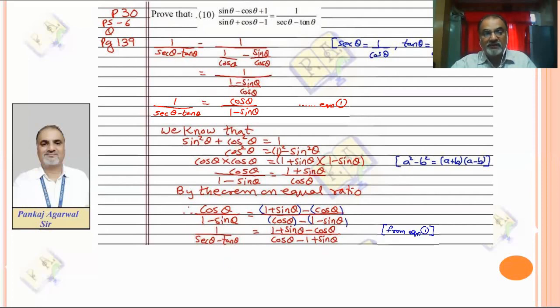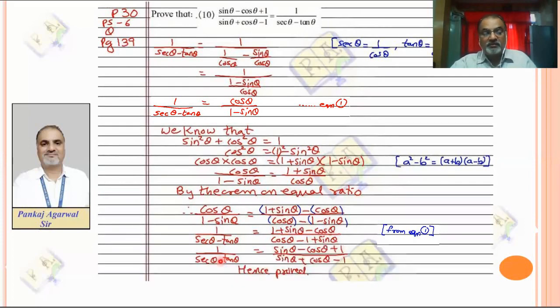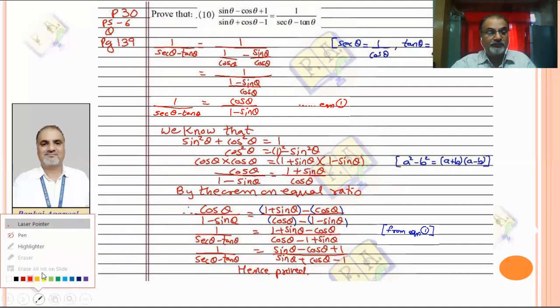So from equation 1, equal to 1 plus sin theta minus cos theta whole upon cos theta minus 1 plus sin theta. We got the answer 1 whole upon sec theta minus tan theta equal to sin theta minus cos theta plus 1 whole upon sin theta plus cos theta minus 1 after rearranging, hence proved.